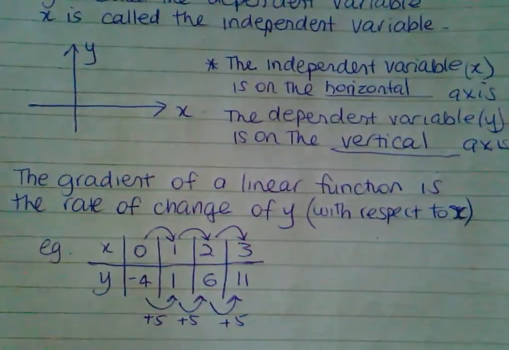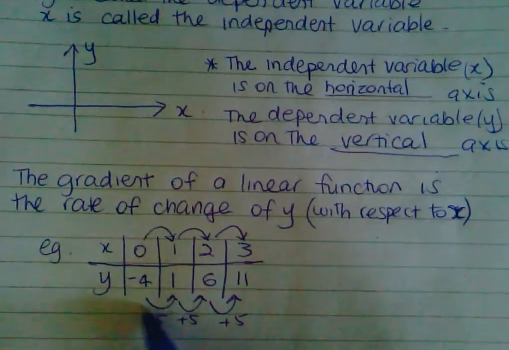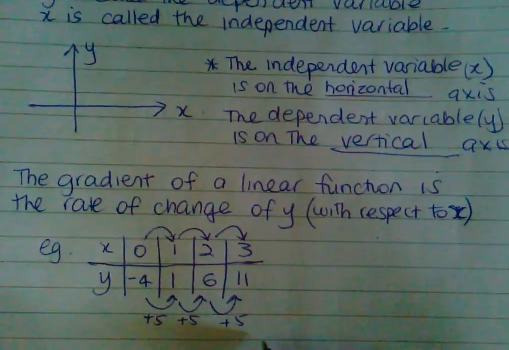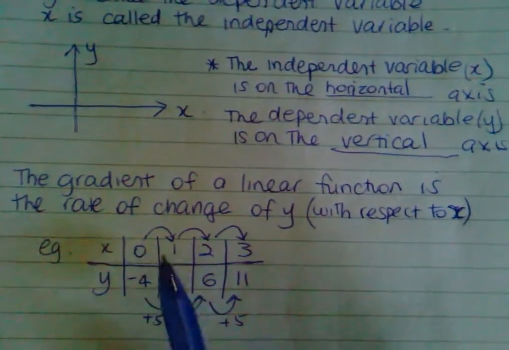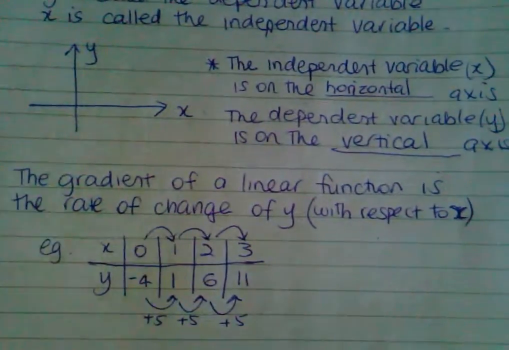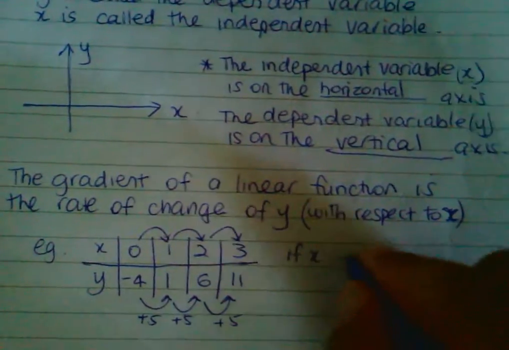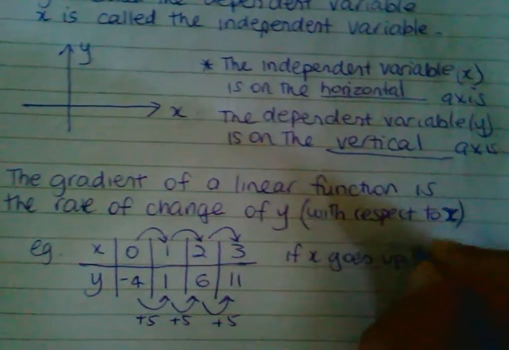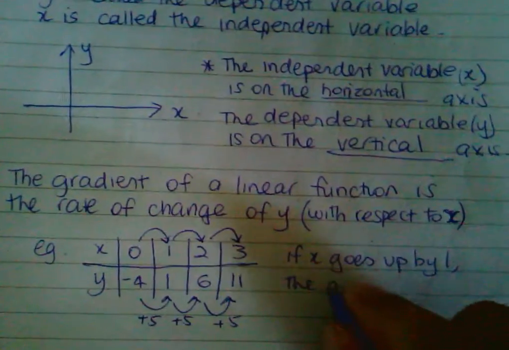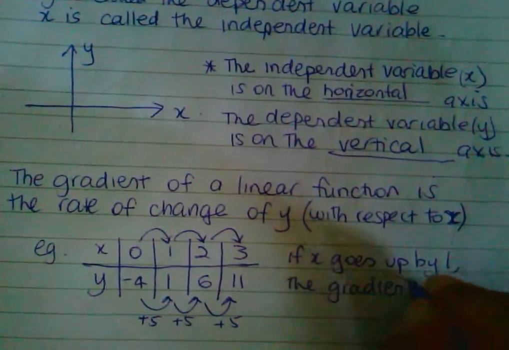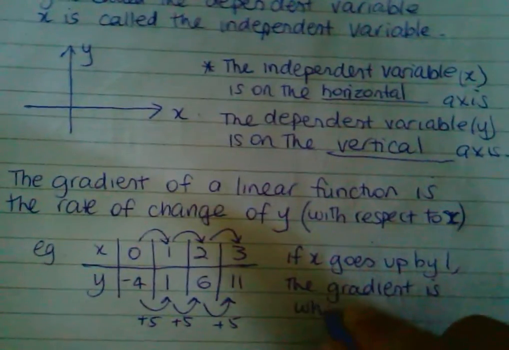So if your x values are going up by 1, you can see the gradient from a table of values straight away. Okay? So you check. If x goes up by 1, the gradient is always what the y values go up by.